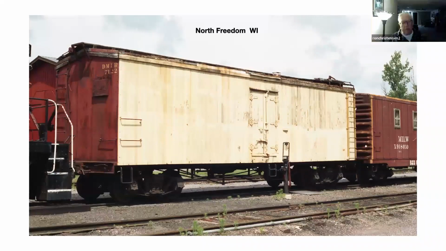There's some pictures here of North Freedom taken a long time ago. Probably one of the first Northwestern conventions we had up there. I don't remember when that was, but it was in the 90s.